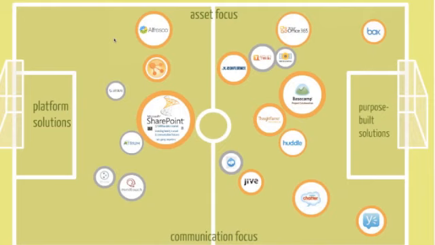And then on the other side, we look at platform solutions, so solutions that are going to do it all and provide a base for you to have lots of different collaboration tools that plug into one area, versus purpose-built solutions. And those solutions are things that do one thing and do it really well, whether it's project management or microblogging or wikis or that kind of thing.